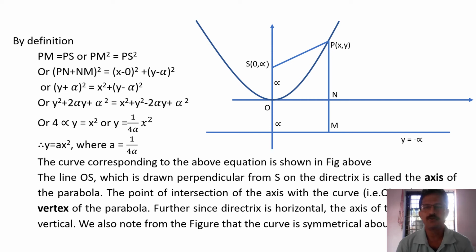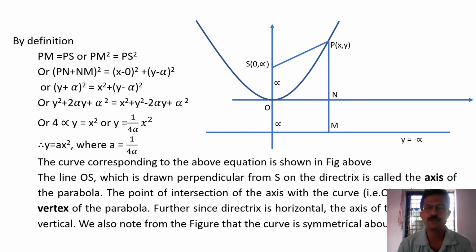Then draw PM perpendicular to the directrix. Let it meet the x-axis at N. Join S and P. Let the coordinates of S be 0, alpha. Now the distance from O, that is the origin, to S is alpha, that is also the distance from O to the directrix.